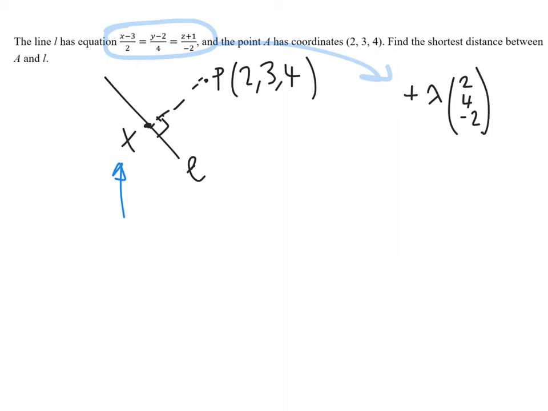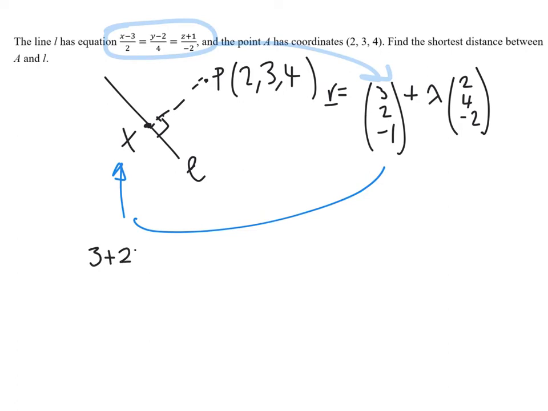And our position vector in this case will have been the opposite sign to what's in the top numerators of the fraction. So 3, 2, minus 1. And that is our vector form from that Cartesian form. So x then has the form 3 plus 2 lambda, 2 plus 4 lambda, and minus 1 minus 2 lambda. That is the position vector for the point x.